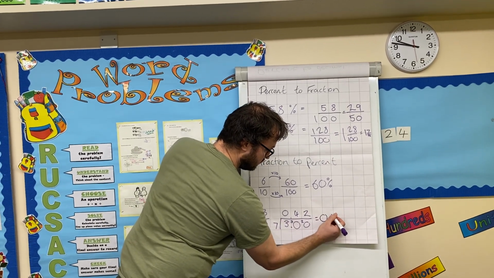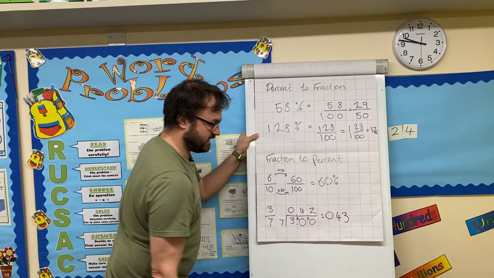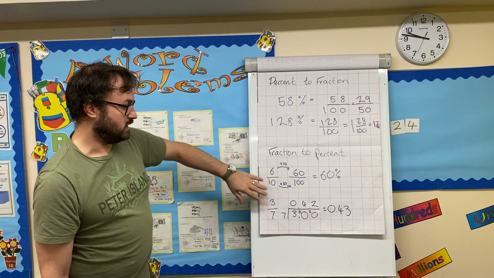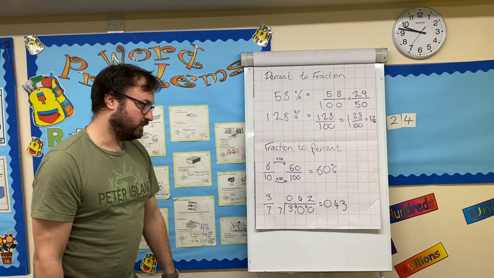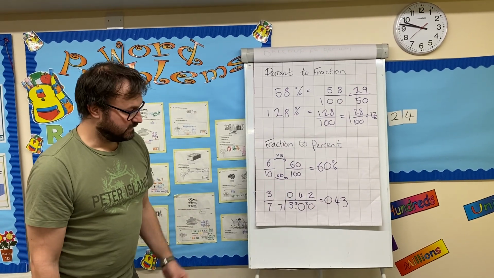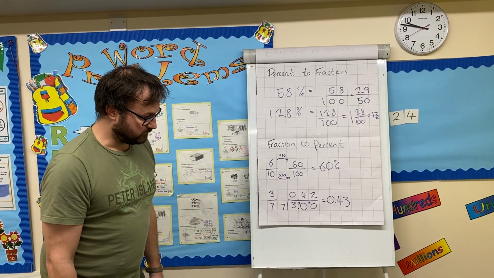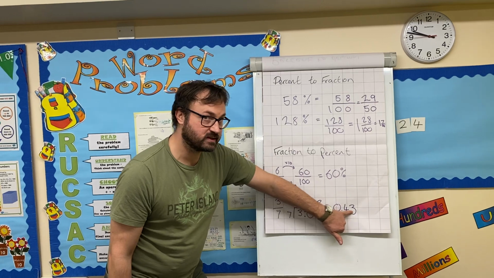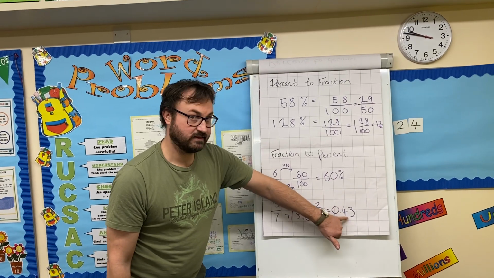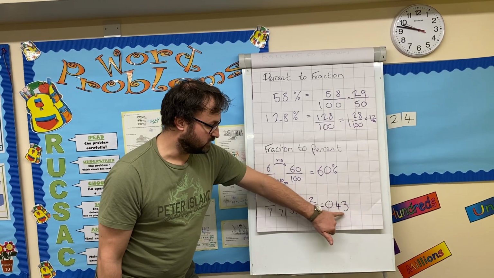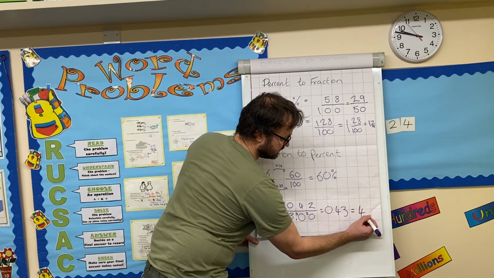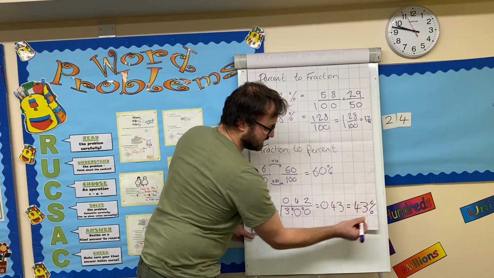So I'm going to round it up to that, which, if you look at a previous video, you'll know that 0.43 as a percentage, you've got 43 hundredths, 4 tenths, 3 hundredths, 43 hundredths. So as a percent, that is simply 43%.